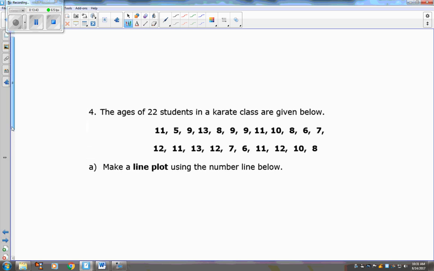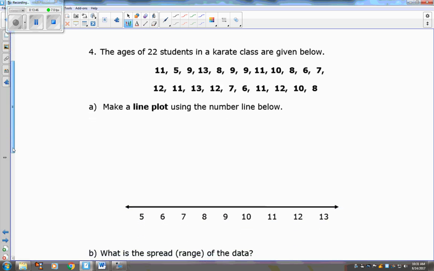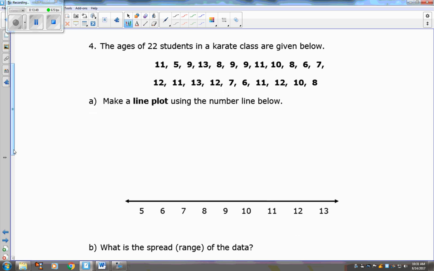Okay, number 4, the ages of 22 students in karate class are given. Make a line plot using the number line below. All right, I see the number line this time. All right, so 5. There's 1 with 5.